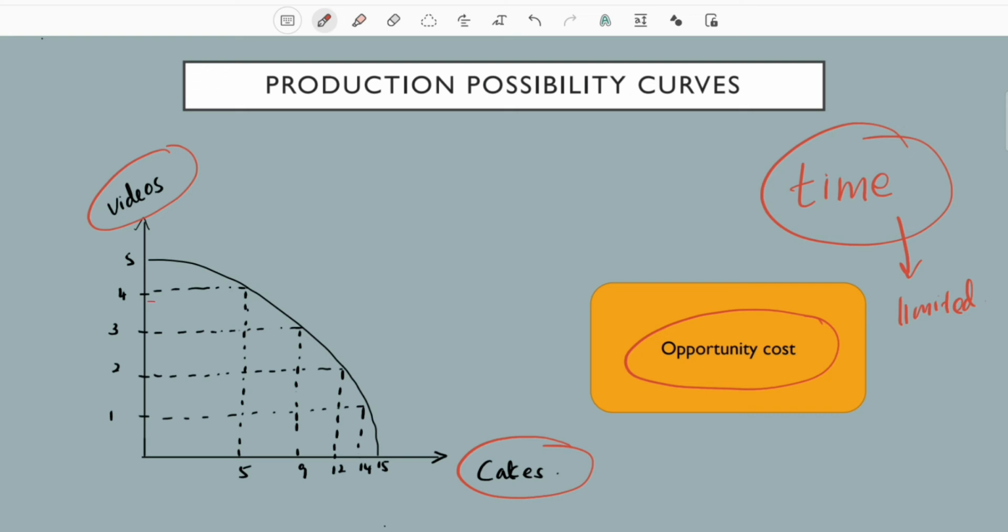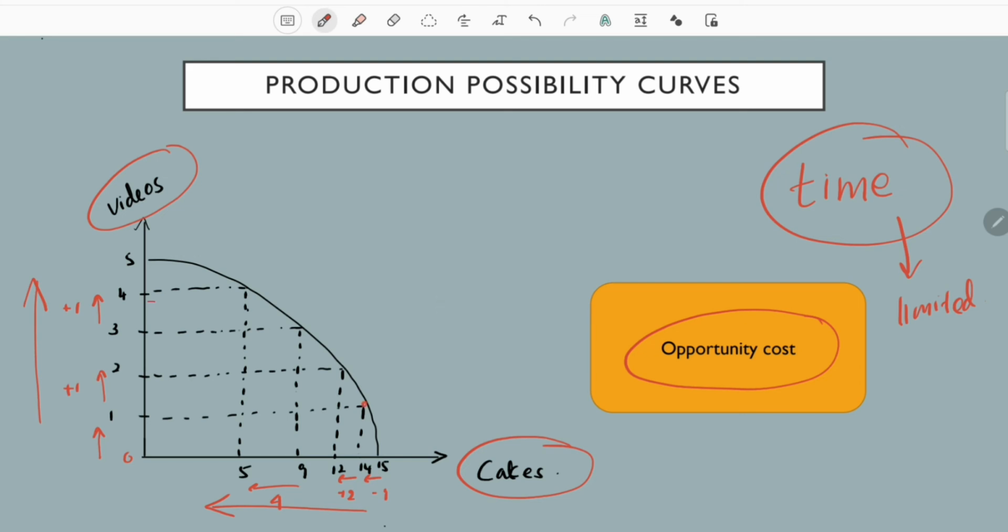So as is here, when I try to increase my production from 0 to 1, I have to give up one cake. And then again, when I increase another video, I have to give up 2 cakes. When I'm moving from the third to the fourth unit, in order to increase one product, I have to give up 4 cakes. Like that, whenever I'm trying to increase something, I have to give up another product.